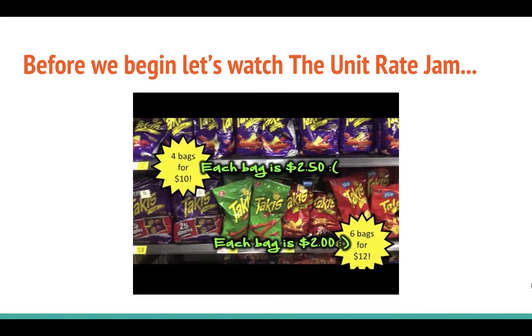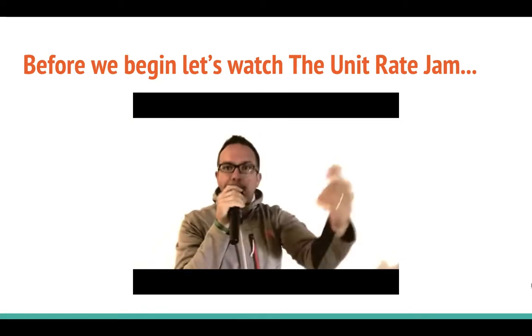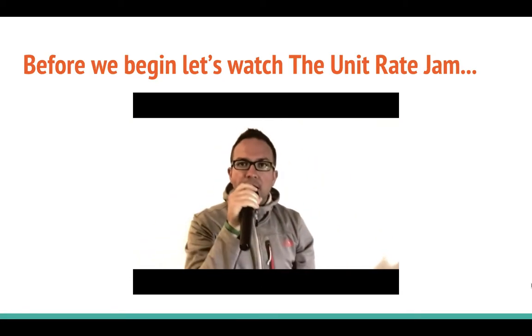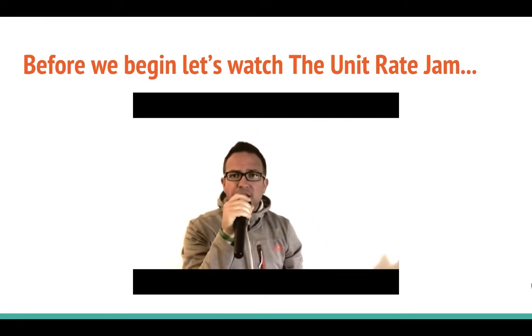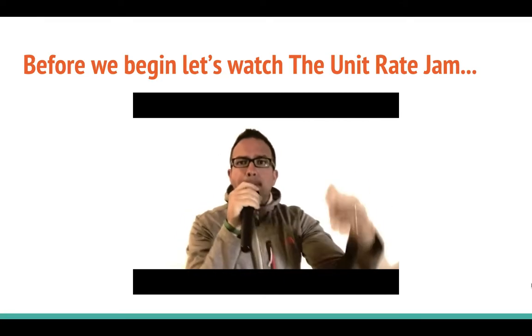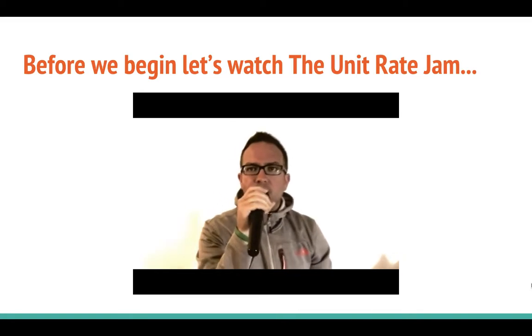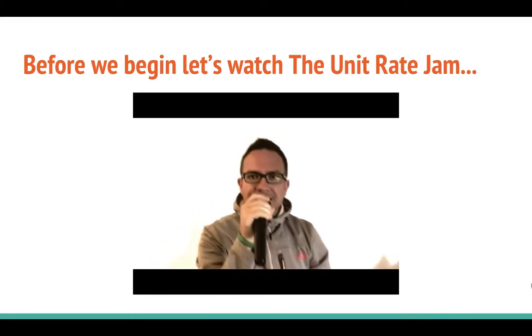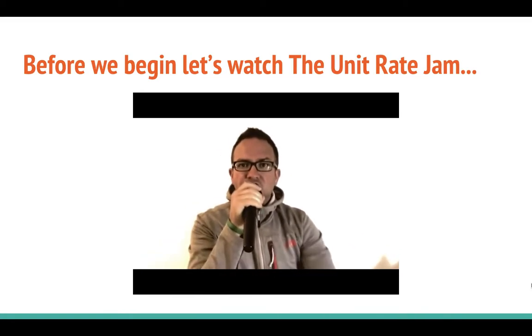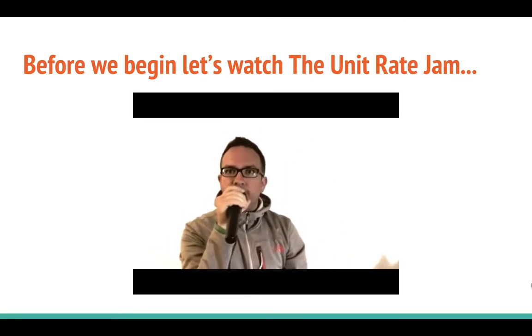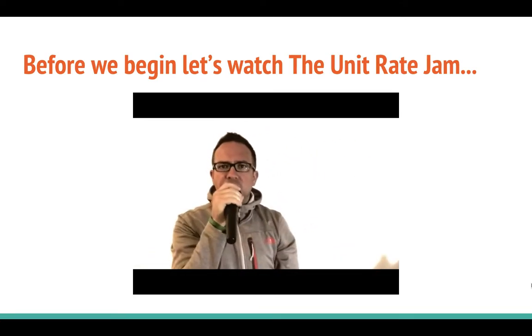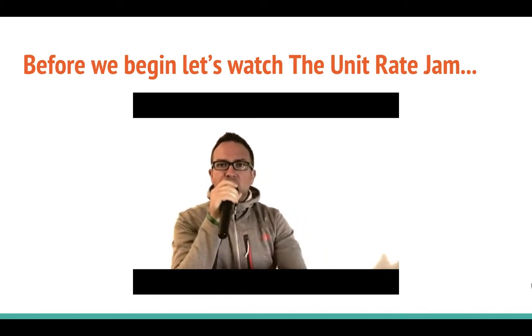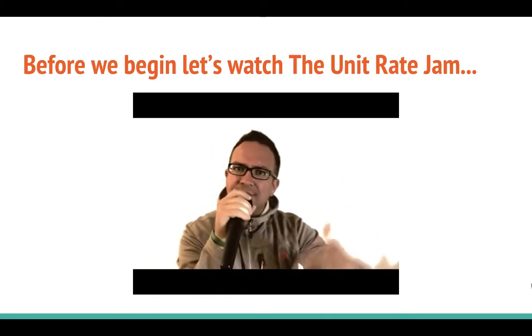I'ma let you know about these unit rates. I'm about to drop some knowledge on your brain. My mama went up to the grocery store today, but she got them deals cause she know them rates. I asked her could she give me some Takis please. She told me now son there ain't nothing free. I reminded her that she could use them unit rates, so she did it and I got them cause she saved that cheese.